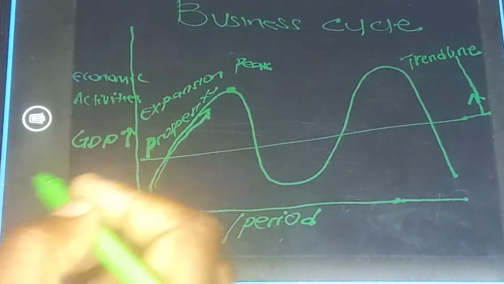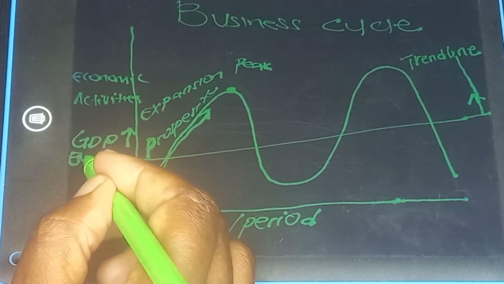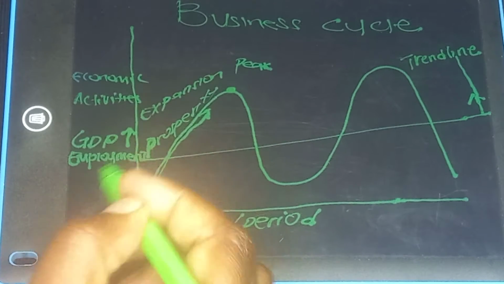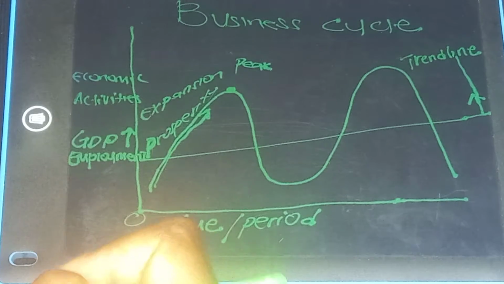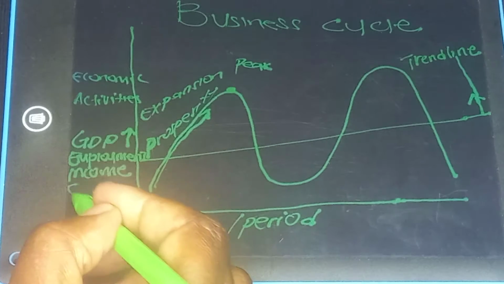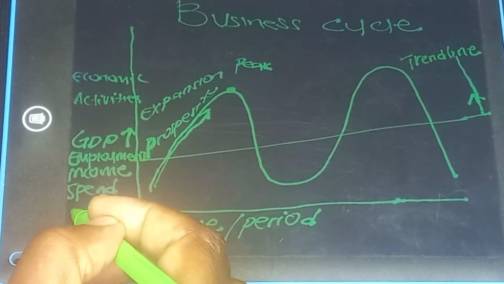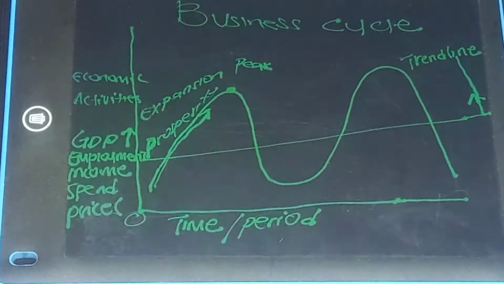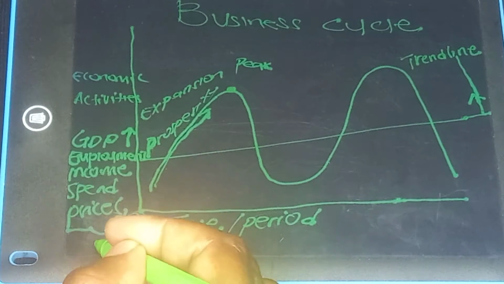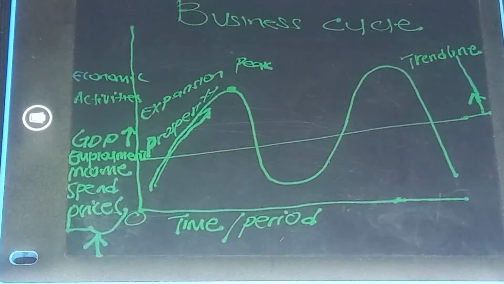In expansion, we also see employment going up. We also see income and spending and prices. They all go up.